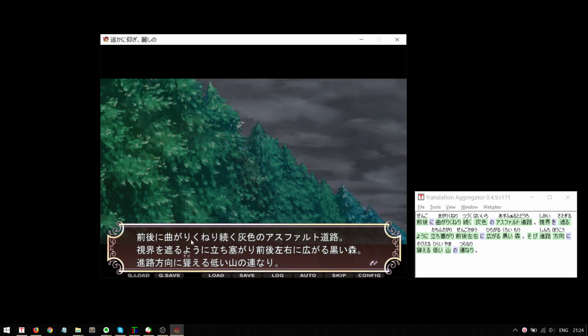前後に曲がりくねり続く. I'm not gonna translate this. I'm just gonna read this. This is too much. I'm sure you've had your fill of this depressing place.